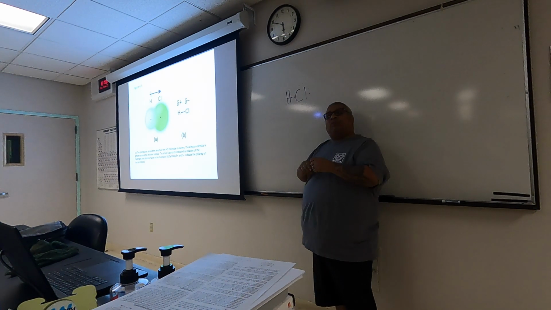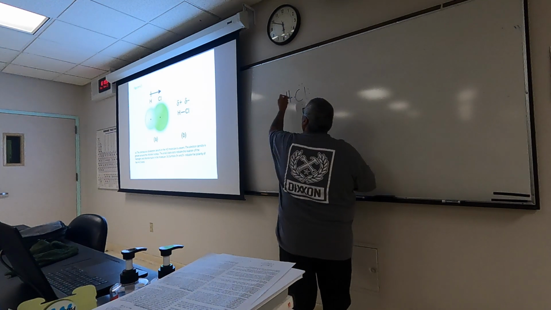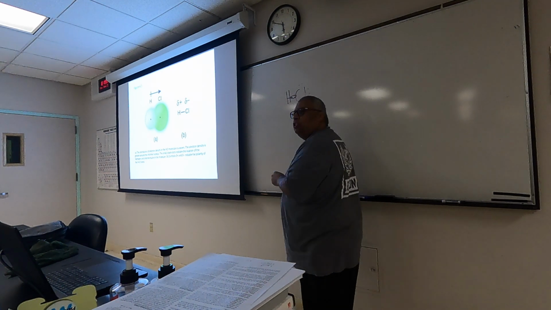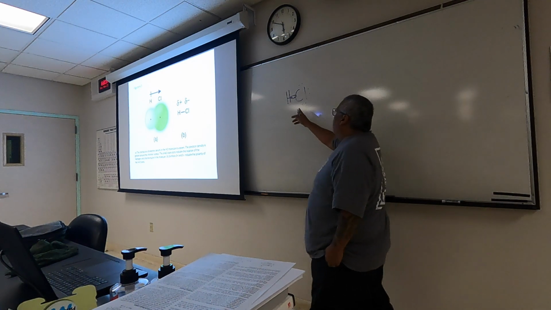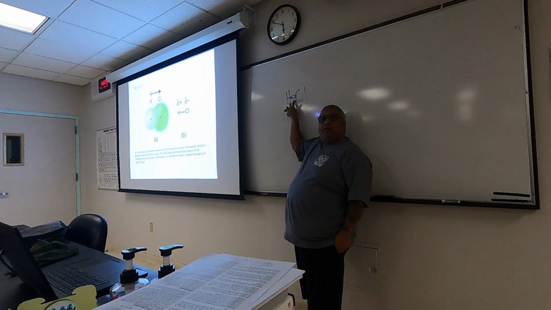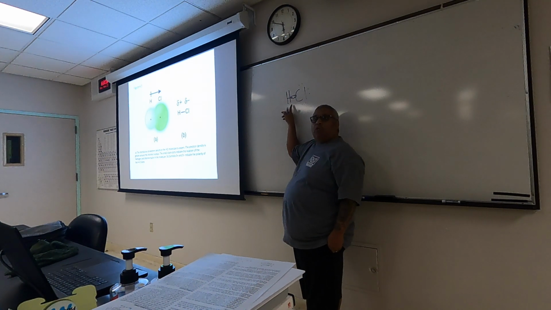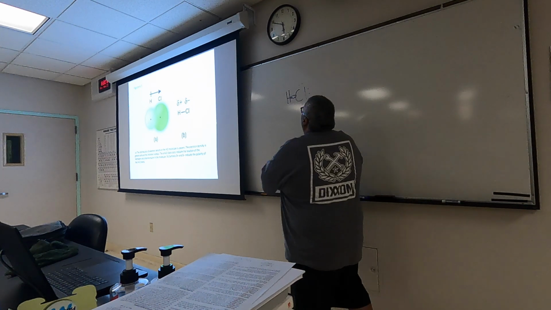Hydrogen's not going to give up its one single electron. But hydrogen will share that electron with chlorine. So this unpaired valence electron from chlorine will share with hydrogen, so hydrogen now fills its duet rule. And chlorine fills its octet rule because hydrogen is going to share that one single electron with them.